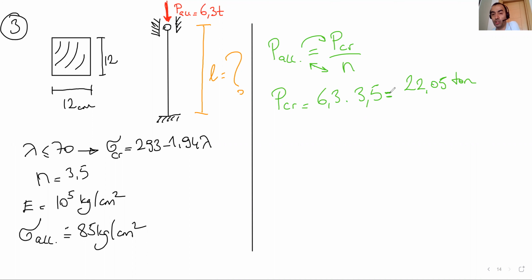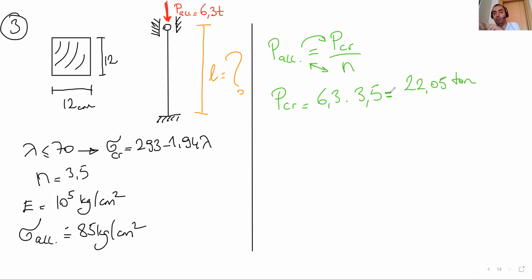Now we know the critical force, but we don't know which method we are gonna use, because to make a decision on the solution method, we need lambda, which is slenderness. It directly depends on the length of the member. We have two choices, Euler theory or the empirical equation given in the question.